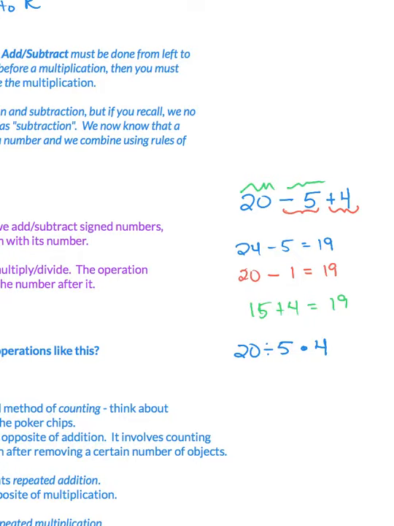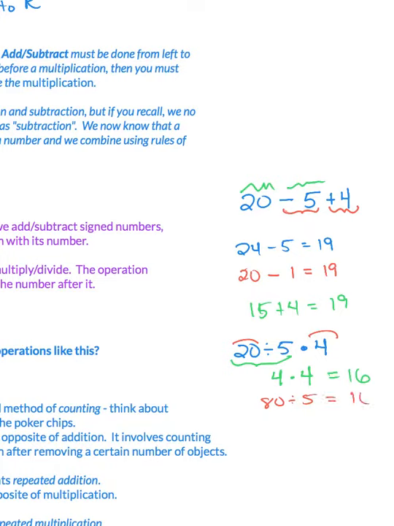The easiest way to do this is to go ahead and do the division first. 20 divided by 5 is 4, times 4, we get 16. You can also do kind of what we did when we looked at the first method up here. If you want to combine the 20 and the 4, you can go ahead and multiply 20 and 4 to get you 80 and divide that by 5.